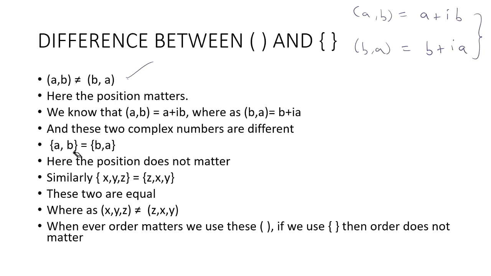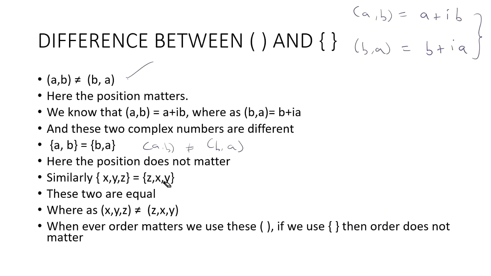Whereas the set containing a, b is the same as the set containing b, a, because here there is no question of first element and second element. Similarly, the set {x, y, z} is the same as the set {z, y, x}.